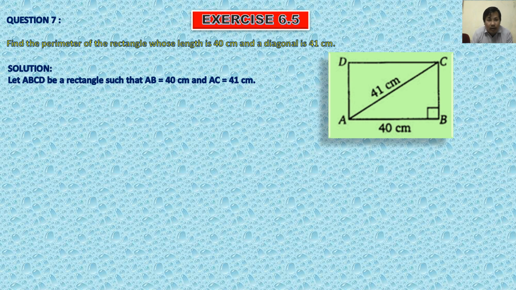My dear students, it is given in centimeter here, not meter. Then in the right angle triangle ABC, with the right angle at B, by the Pythagoras theorem, we have that.